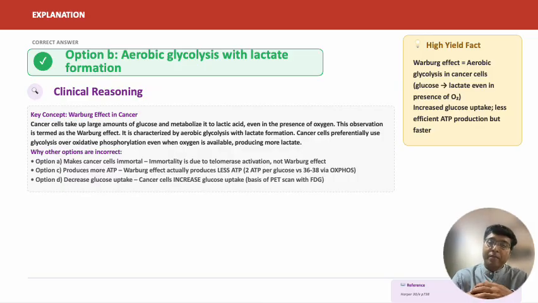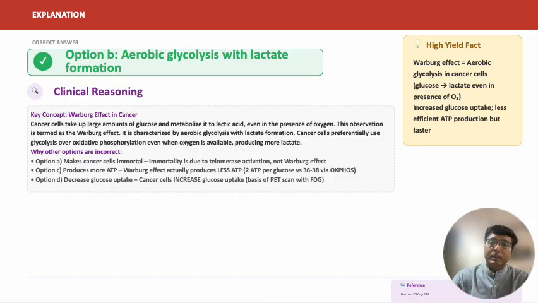This occurs due to the excess lactate production, which must be metabolized through the liver, causing hypermetabolism and enhancing the catabolic state of the patient, and thus is termed as the cancer cachexia.